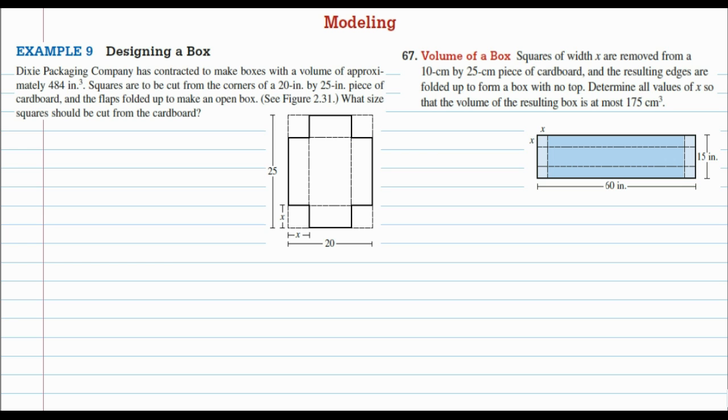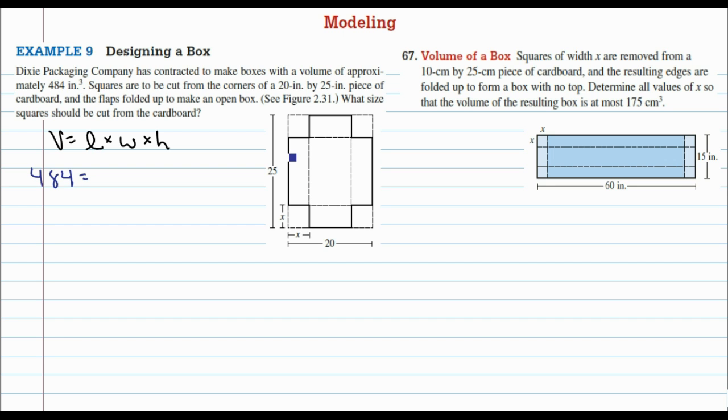In last chapter, we would find the maximum volume the box had. Now we're trying to find the exact volume, 484 cubic inches. So I know that the volume of a box is going to be length times width times height. In this specific case, 484 is the volume I need.